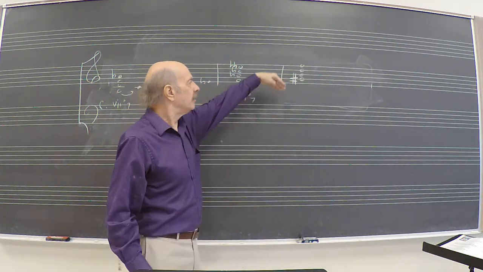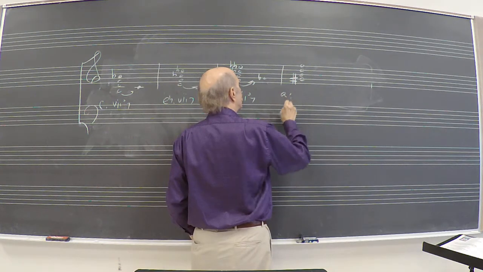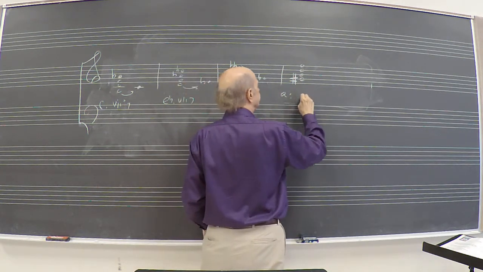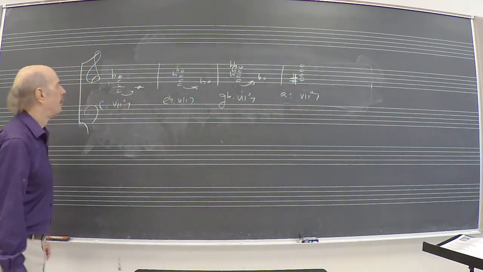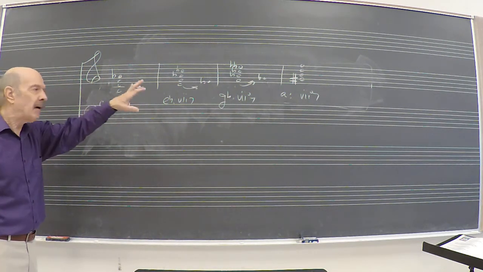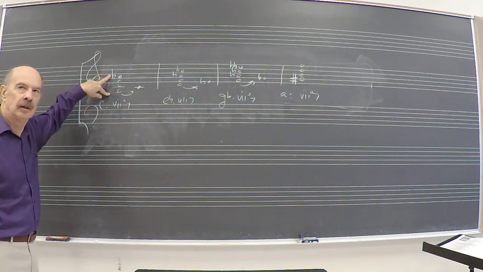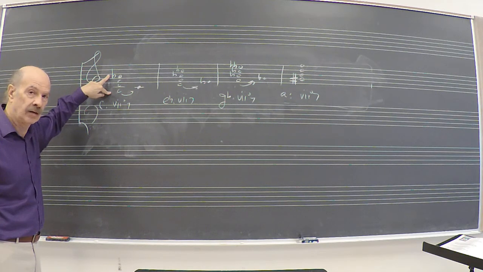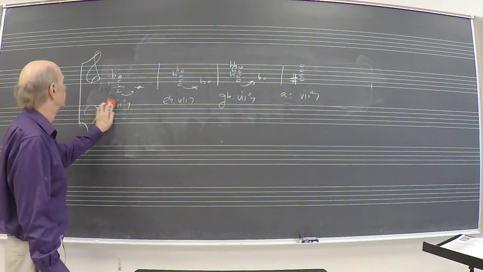So a stack of minor thirds produces the same exact sonority, but now centered about A, major or minor, 7 diminished 7 in A. So there's lots of enharmonic duplication in this harmony. So how many actual fully diminished sonorities are there, removing all the enharmonic equivalents? Let's see.